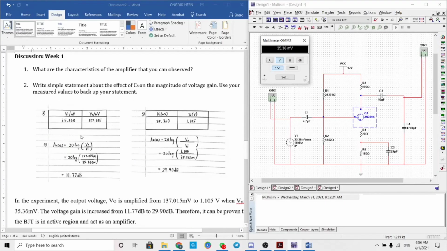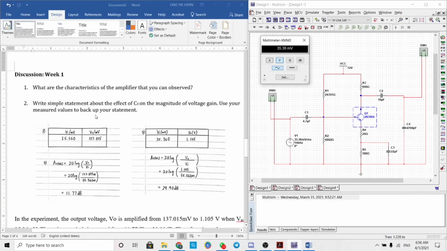So that's all the simulation and calculation our group had done in lab experiment 2 week 1. So here is the discussion.